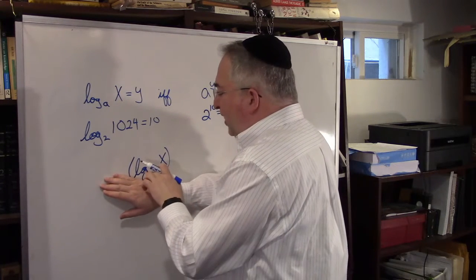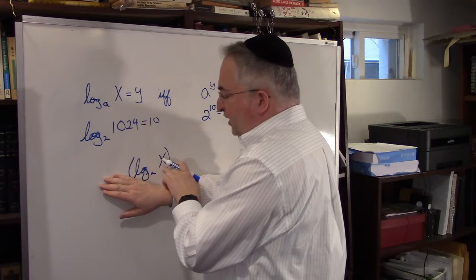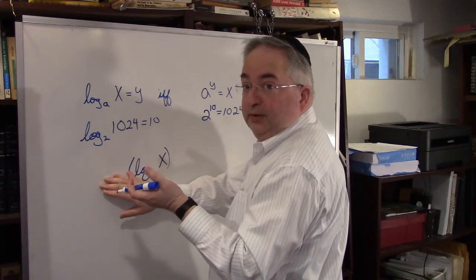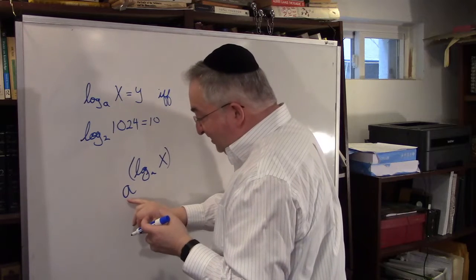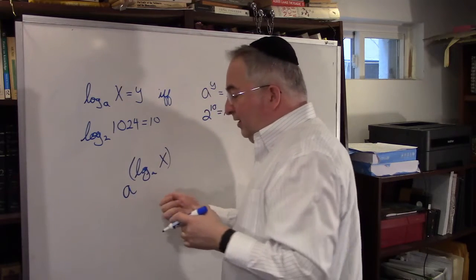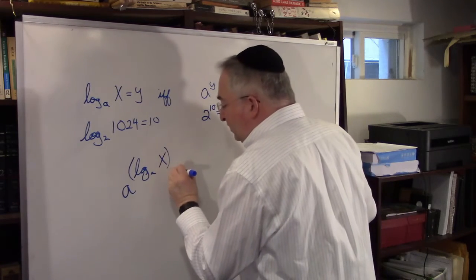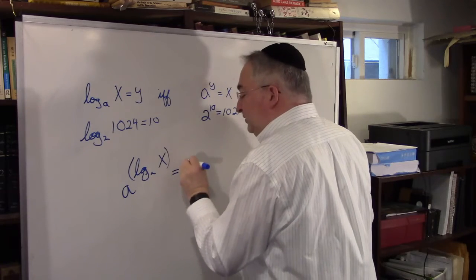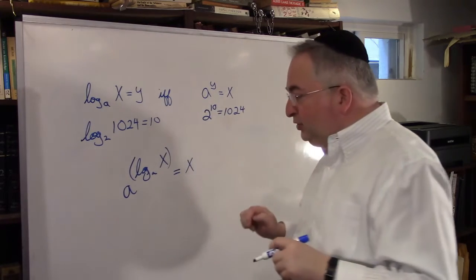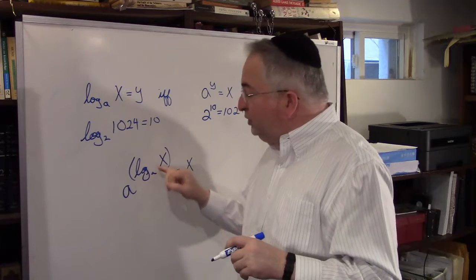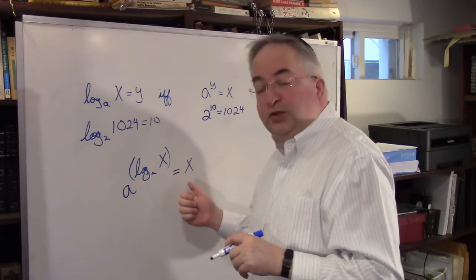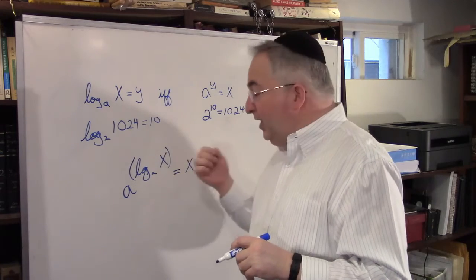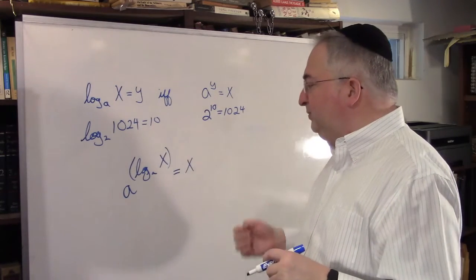What do you have to raise a to in order to get x? Some number. Well, take that number and put it as an exponent to a. Well, what do you get out? Answer, x. So this says if you take a number and then you do logarithms and then you do exponentials of it, you get back the original number.